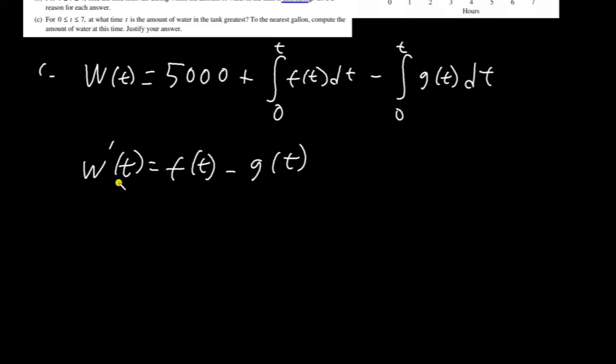Okay, so we want to figure out when this switches from, if we want the amount of water to be the maximum, then we want the derivative to be switching from positive to negative, right? Positive to negative if at a maximum. So we want g of t to become greater than f of t.